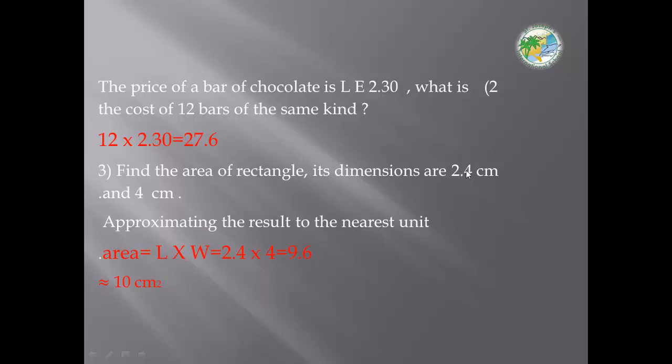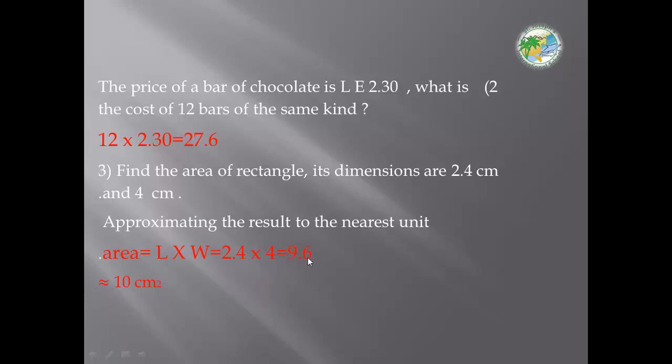So 2.4 is the length; multiplication is the same, 2 times 4 is like 4 times 2. Then 2.4 times 4 equals 9.6. 4 times 4 equals 16. Write 6, carry 1. 4 times 2 equals 8 and 1, 9.